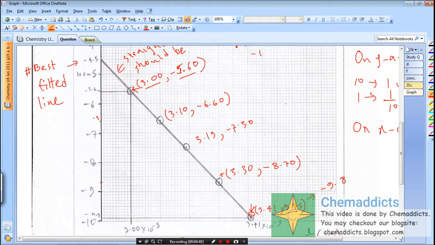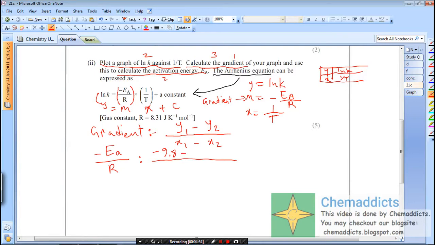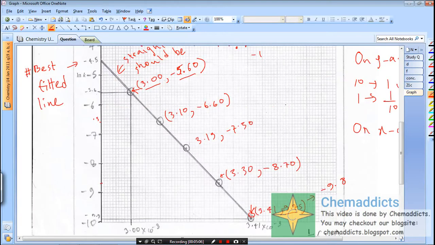Then we take the corresponding x values: 3.41 into 10 to the power minus 3, and 3.00 into 10 to the power minus 3.